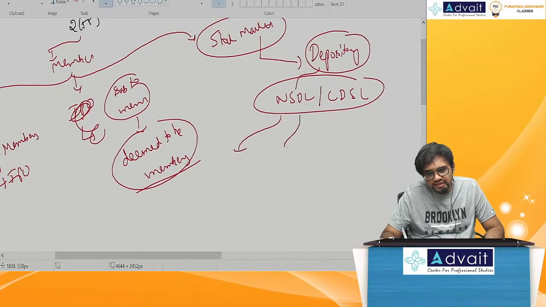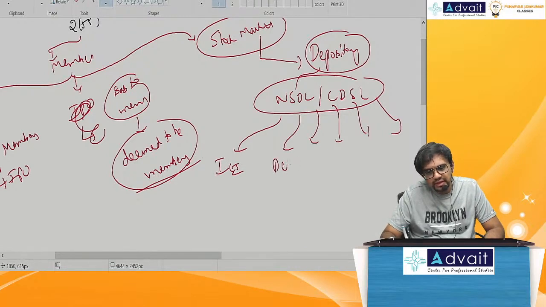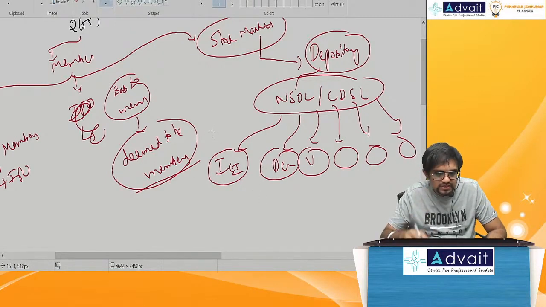Under them, there are various banks which can open something called demat accounts. So you have ICICI Bank, Dena Bank, Vijaya Bank, so many banks, HSBC, HDFC, Kotak Bank. Under these you have various banks, and these banks will open demat accounts for people.